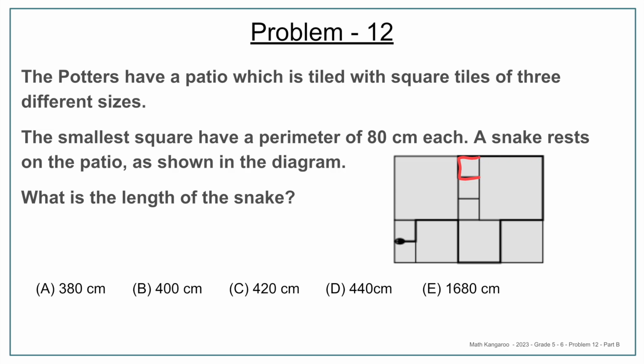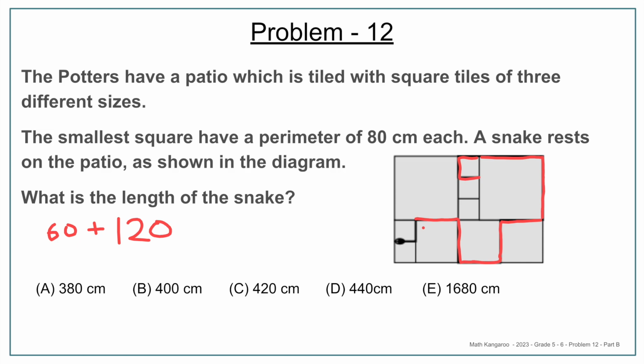So let's write down first 60 centimeters, and then we add another 60 centimeters, that is 120 centimeters. Now we have this, which is 40 centimeters. So we have 140, 240, 340, 440 and 540.